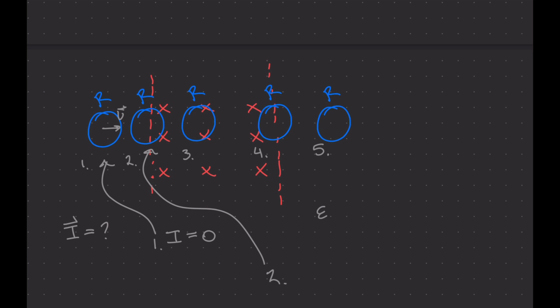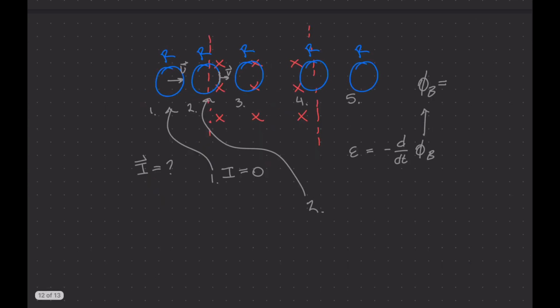So due to Faraday's law, we have negative d dt phi b, and in this case, can I even say what phi b is? Let me see. So what I was saying is, in this scenario here, the loop is slightly entering, and there's small flux being created here, and then here, and then here.